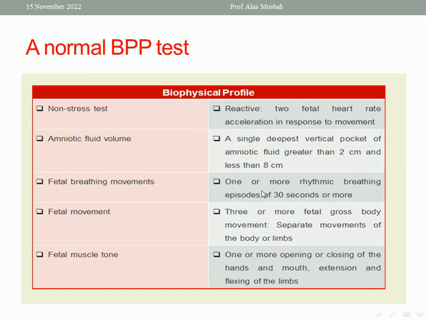Amniotic fluid volume, a single deepest vertical pocket of amniotic fluid greater than 2 cm and less than 8 cm. Fetal breathing movement, 1 or more rhythmic breathing episodes of 30 seconds or more. Fetal movement, 3 or more fetal gross body movements, separate movements of the body or limbs.